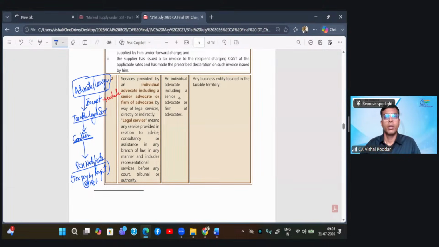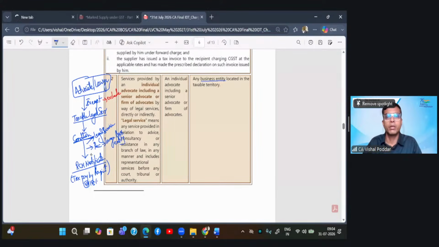Now, what are the conditions? First condition is your service should be a legal service. Second, the condition most important is that it should be given to a business entity. I'll just add a word. Your recipient should be a large business entity.